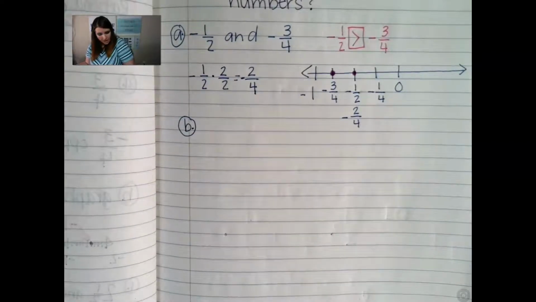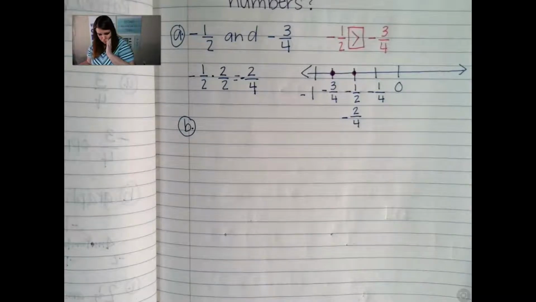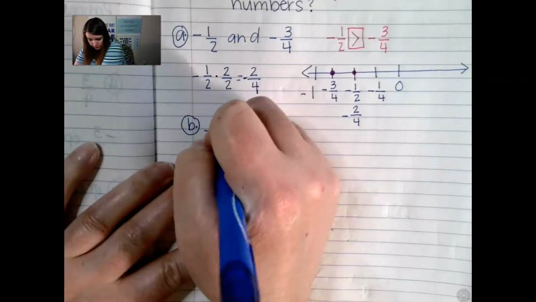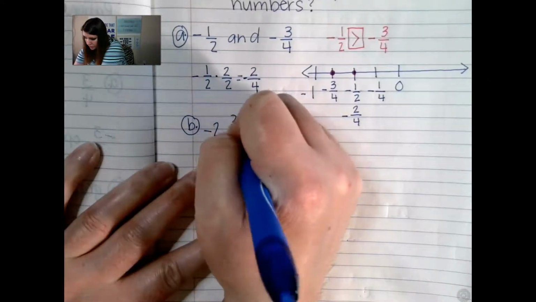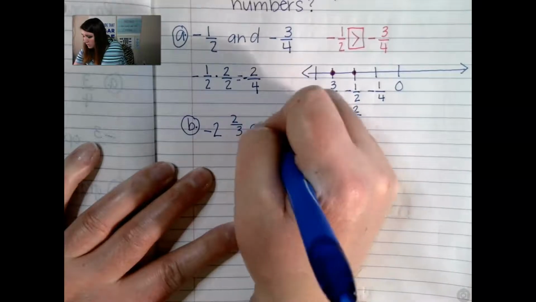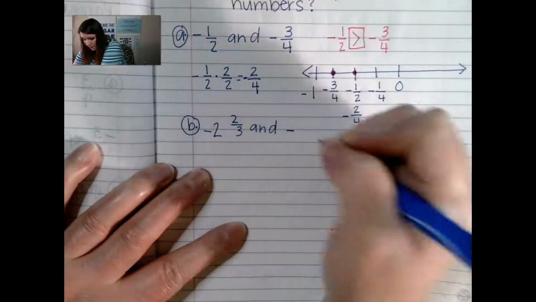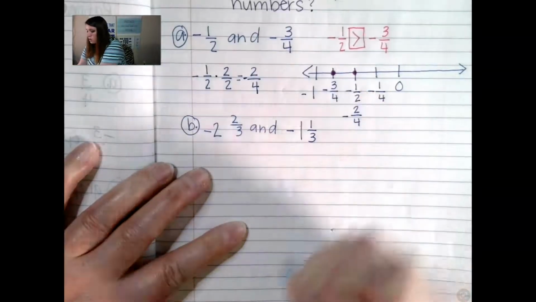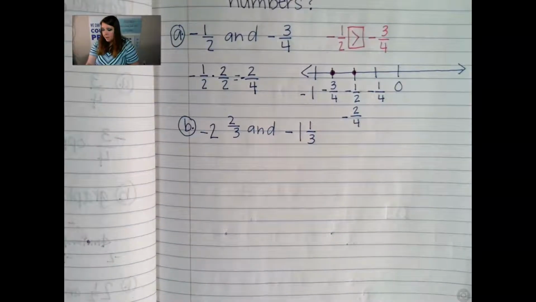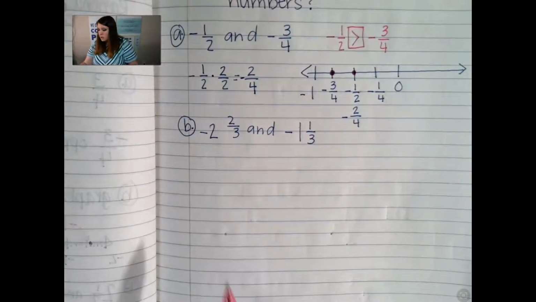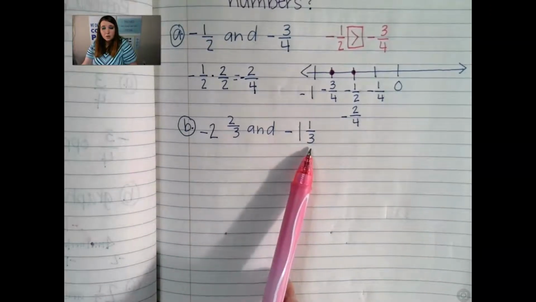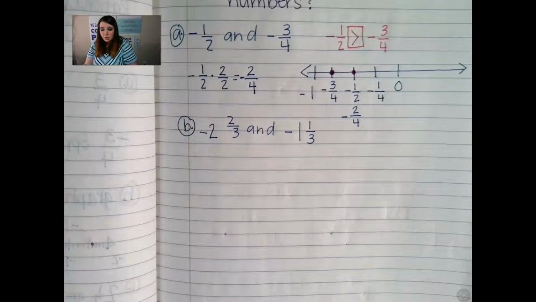Okay, I have negative 2 and 2/3, and negative 1 and 1/3. Okay, same idea here. We're going to check our denominators. Our denominators are both thirds, so we know that this number line is going to be cut into thirds.